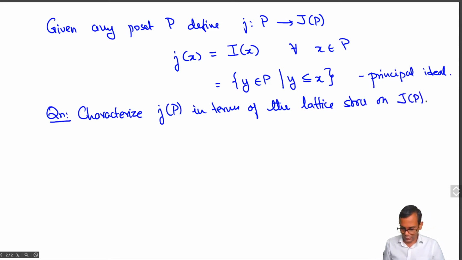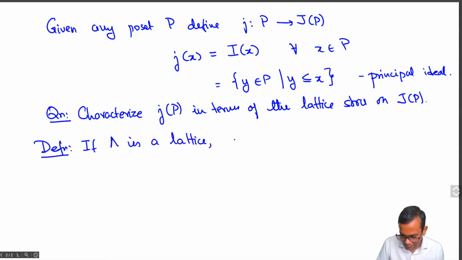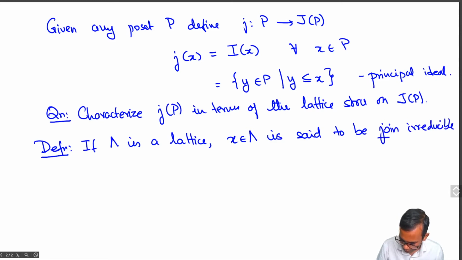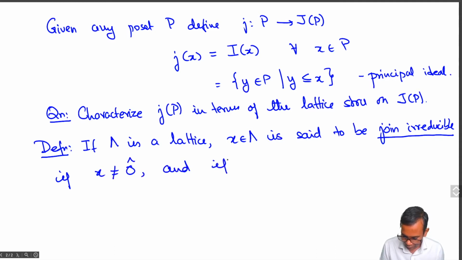In order to answer this question, we need to make a definition. If lambda is a lattice, an element x belonging to lambda is said to be join-irreducible if firstly x is not the least element of our lattice, and secondly if x is y join z, then x equals y or x equals z.